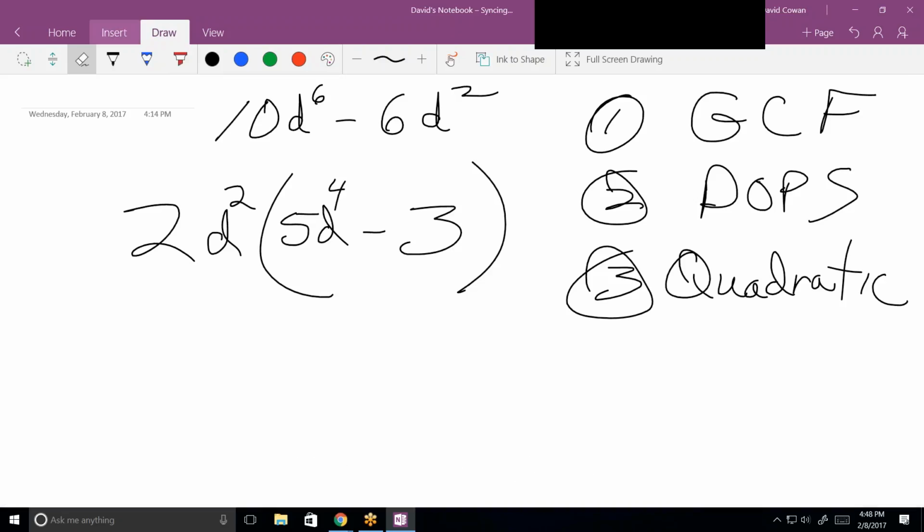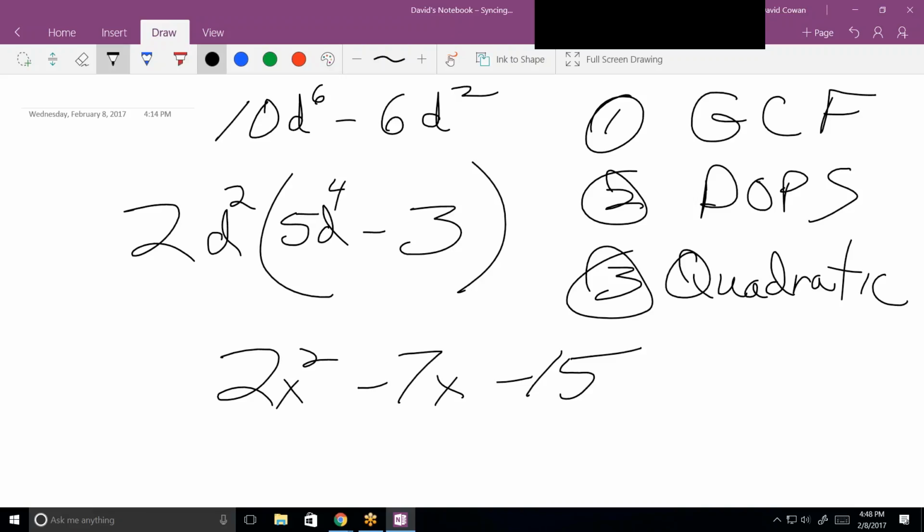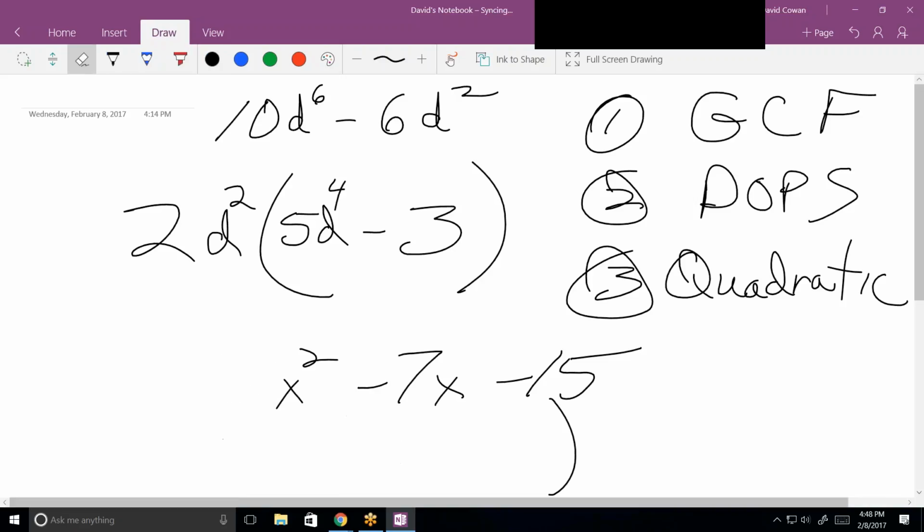By a hard one, I mean if it was 2x squared minus 7x minus 15, that's a hard one because I cannot take out a greatest common factor. And if I try to factor it like a quadratic, I get 2x times x, and then it's at least 2 degrees of difficulty harder than if I was trying to factor something that had a 1 there.